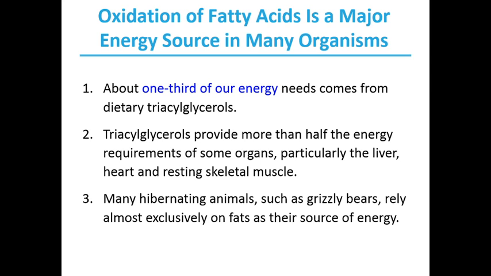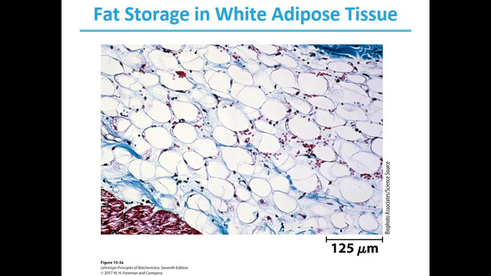Many hibernating animals, such as grizzly bears, rely almost exclusively on fats as their source of energy. In vertebrates, specialized cells called adipocytes or fat cells store large amounts of triacylglycerols as fat droplets that nearly fill the cell. Triacylglycerols are neutral fats.